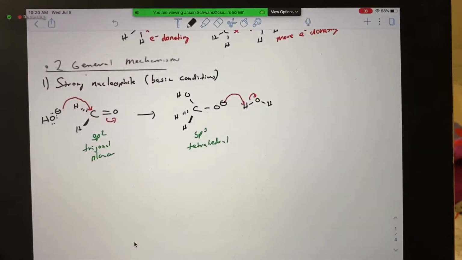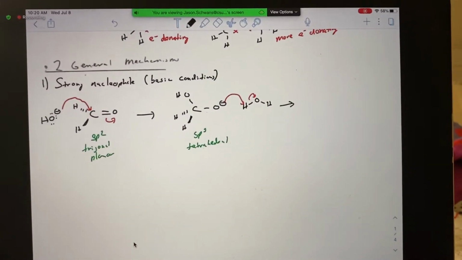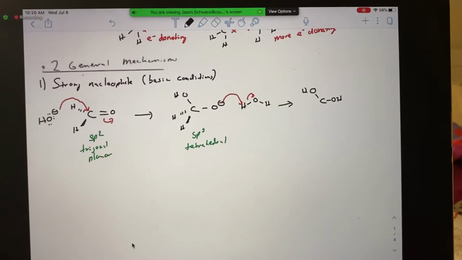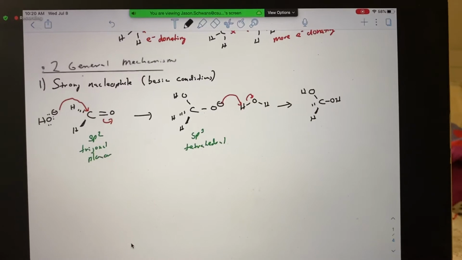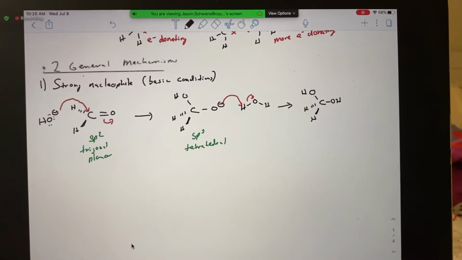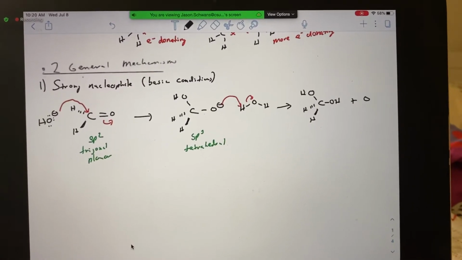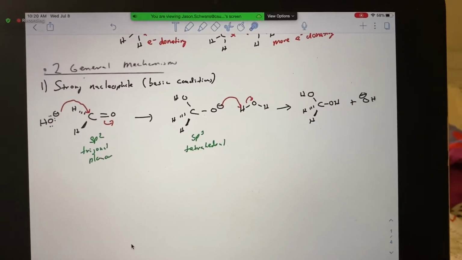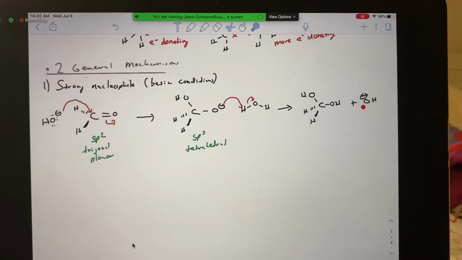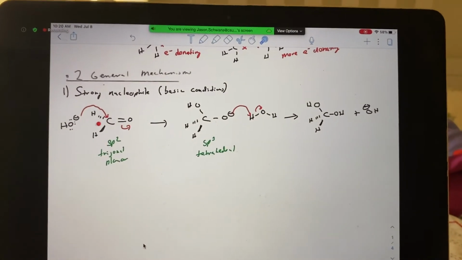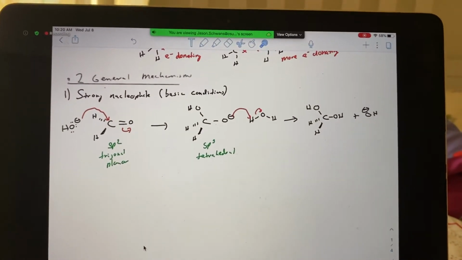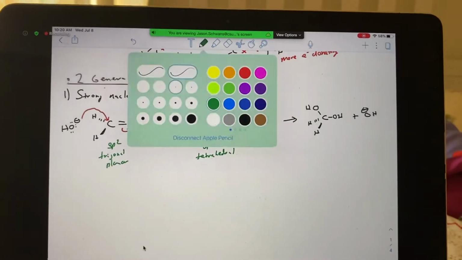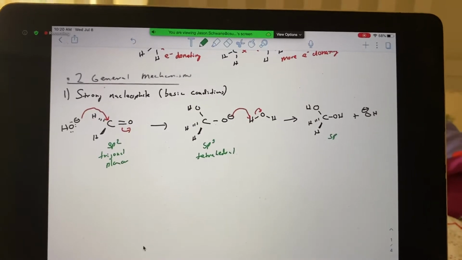And we're going to add one more thing here in a minute. So let's now draw our final product, protonated. Like this. And then on the other side, we've generated hydroxide. So we've made another hydroxide molecule, which can actually go back and attack another aldehyde and on and on. This one now is still sp3 tetrahedral.